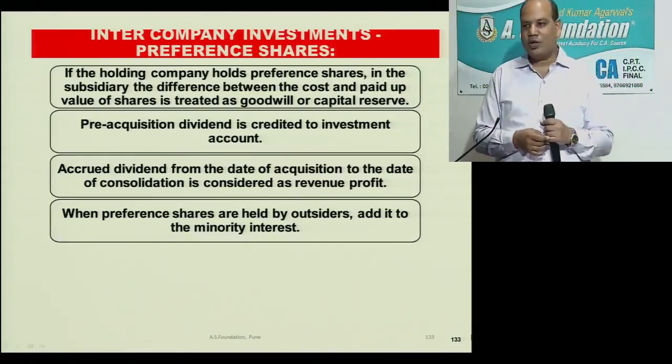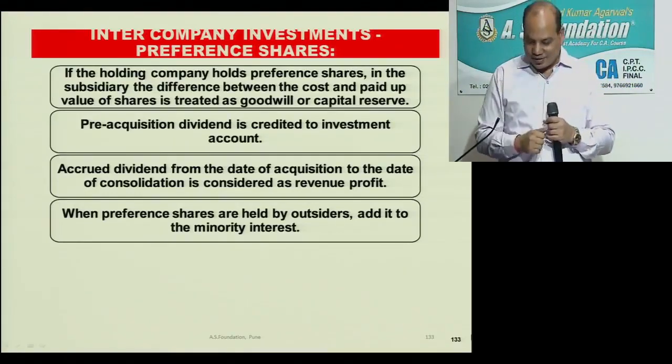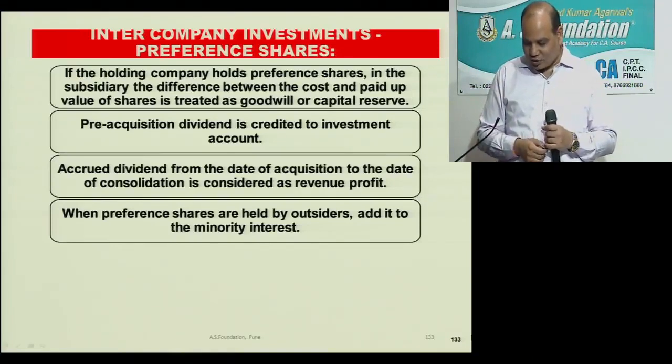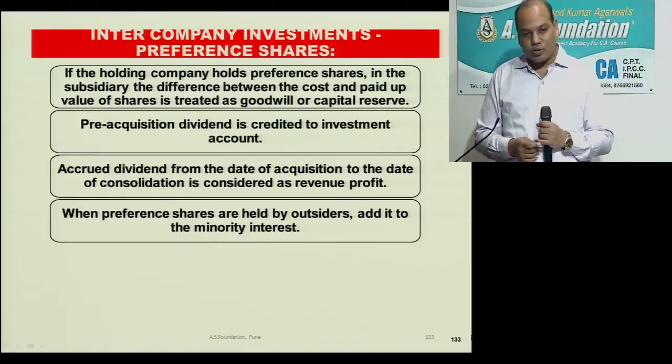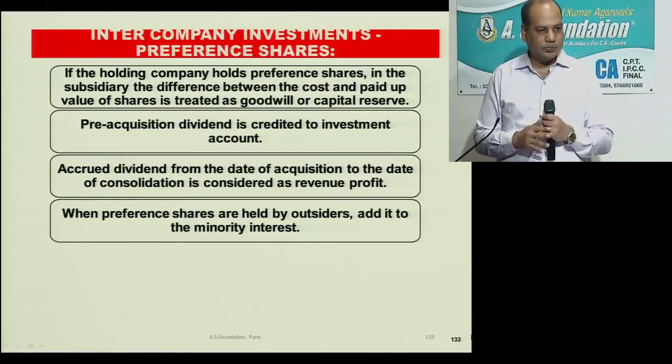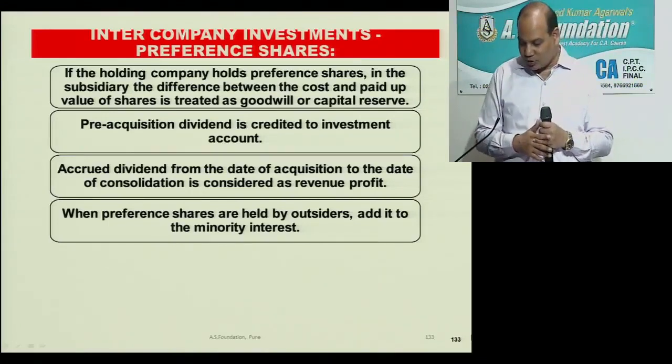For equity shares and preference shares, if there is a difference on cancellation, it is adjusted in goodwill or capital reserve. Okay. So if the holding company holds preference shares in the subsidiary, the difference between the cost and the paid up value of the shares is treated as goodwill or capital reserve. Pre-acquisition dividend is credited to the investment account as usual.